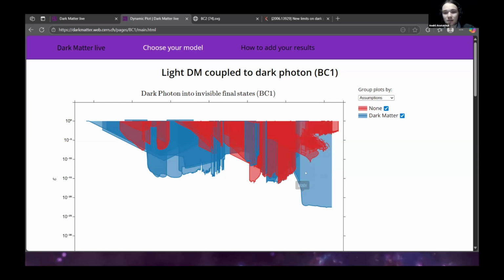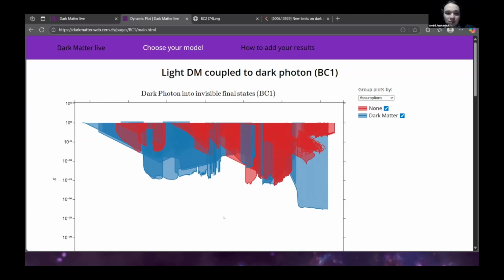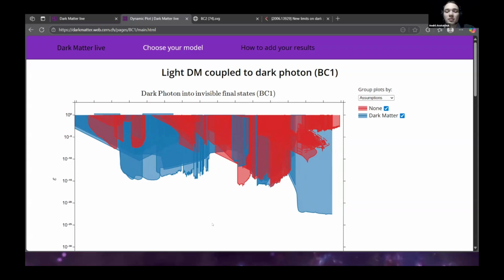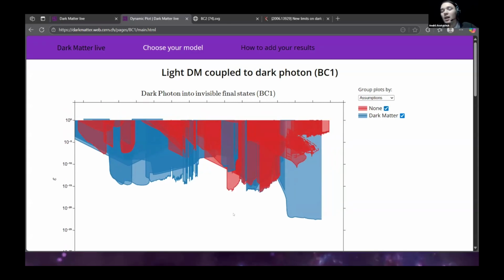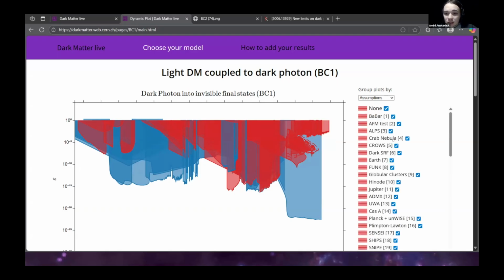So the blue regions can change if you make slightly different assumptions. This is why the most concrete ones here are the red ones, and if somebody wants to be very specific and sure that they are correct, they should work with the red regions.